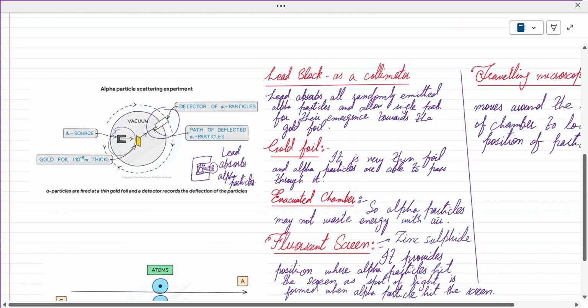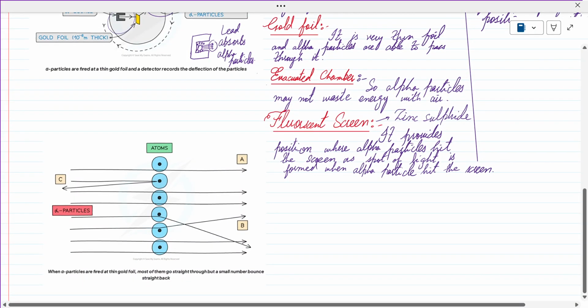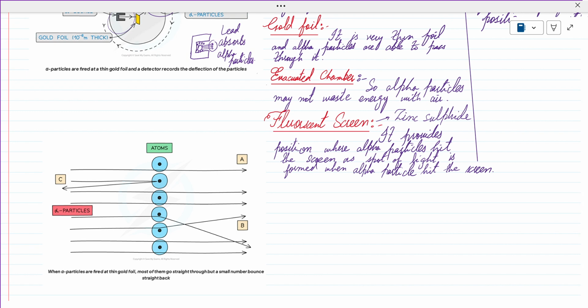Now we are going to see what happens, as we watched in the video, when the particles hit the gold foil. As you can see, the alpha particles are hitting the gold foil, and we have three different kinds of behaviors.